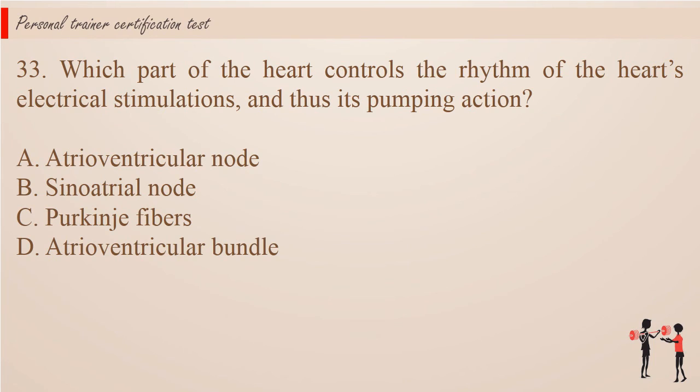Question 33. Which part of the heart controls the rhythm of the heart's electrical stimulations, and thus its pumping action? A. Atrioventricular node. B. Synovial node. C. Purkinje fibers. D. Atrioventricular bundle.